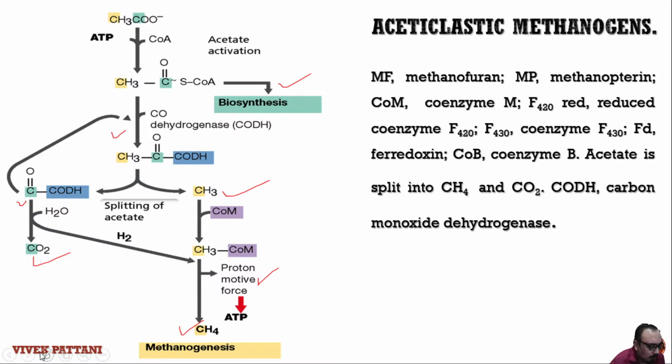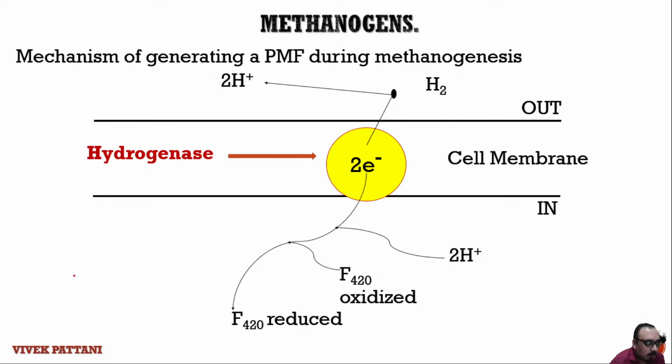Now moving forward with proton motive force generation. How is proton motive force generated? I have just considered a local mechanism with the help of the enzyme hydrogenase, one of the common mechanisms.